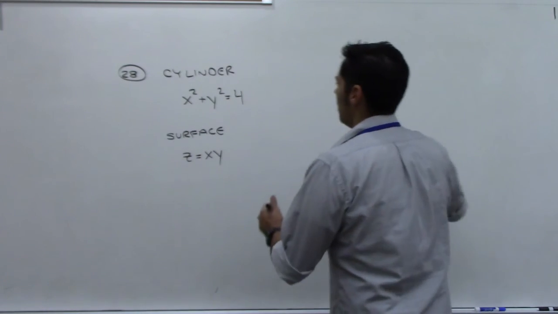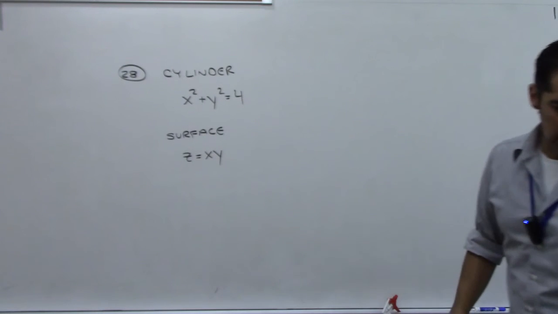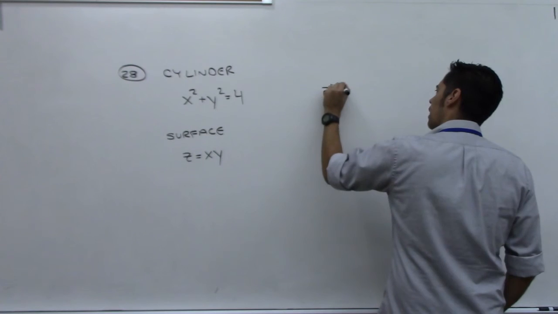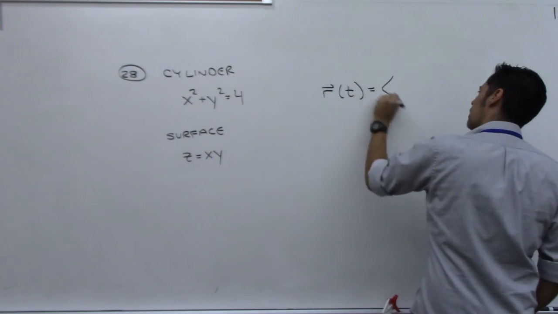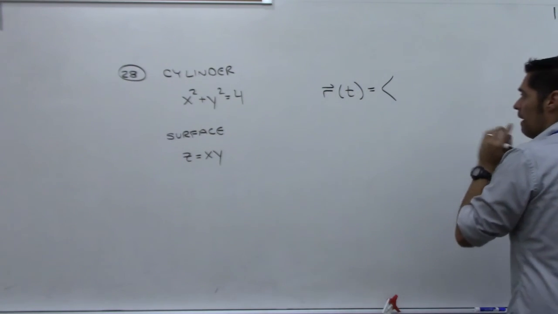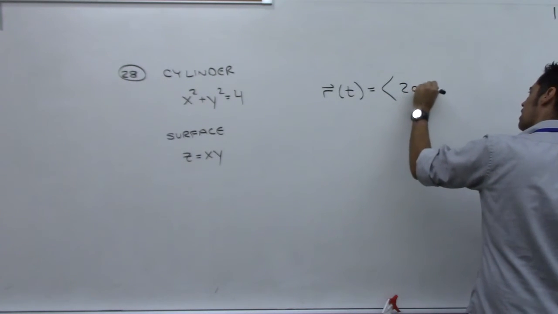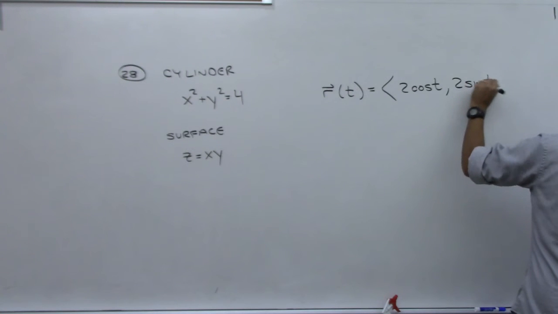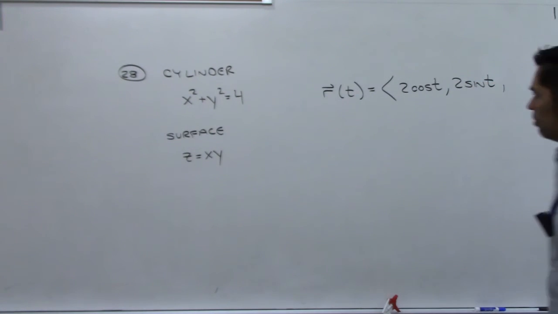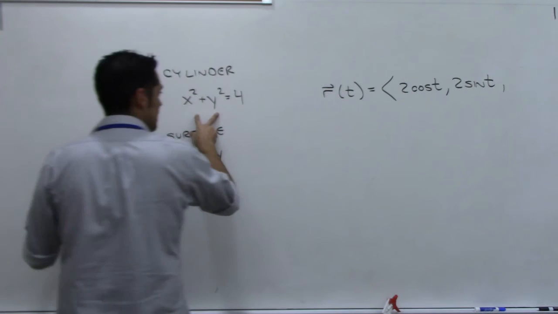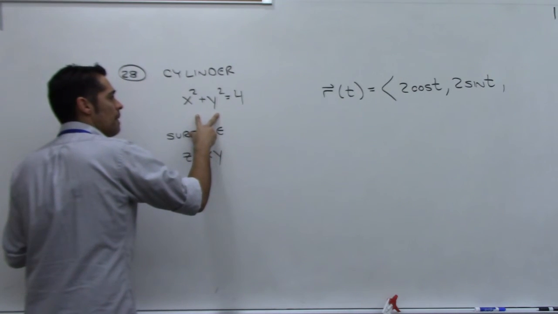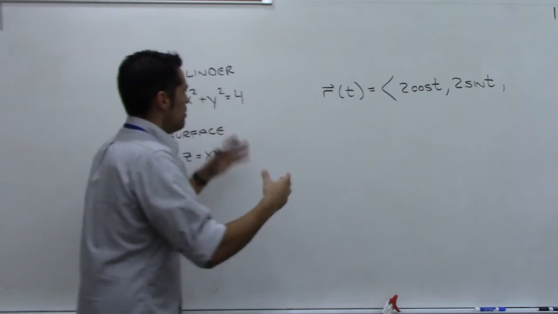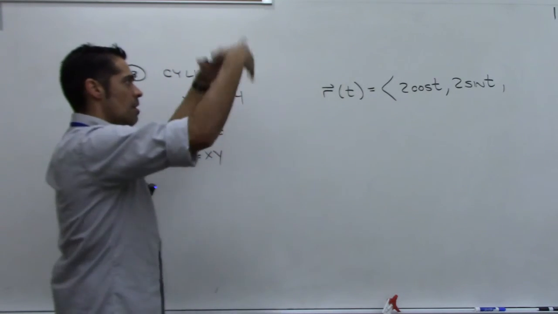First, what I'm going to do is try and draw the cylinder. Okay, so let's talk about the cylinder. I can do this. 2 cosine t, 2 sine t. That would draw me a circle in the xy plane. The thing is, that would draw me a circle this way. Remember on the cylinder though, the z was free. It could go up and down.